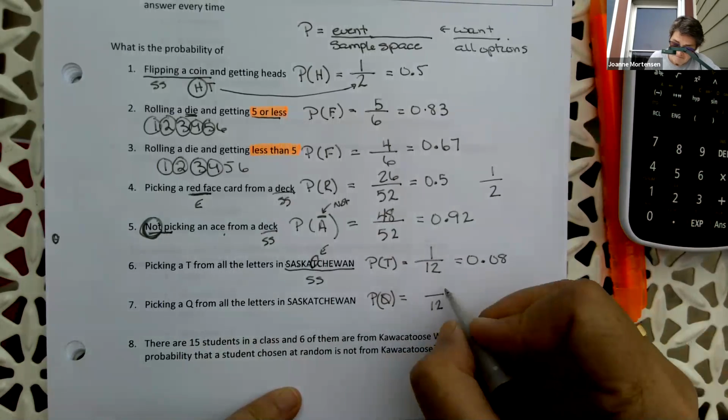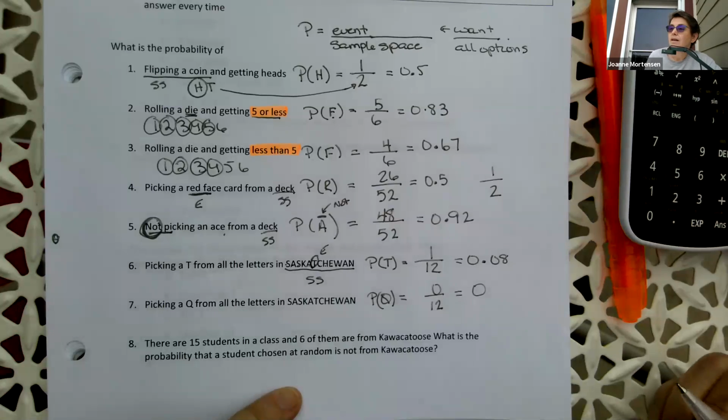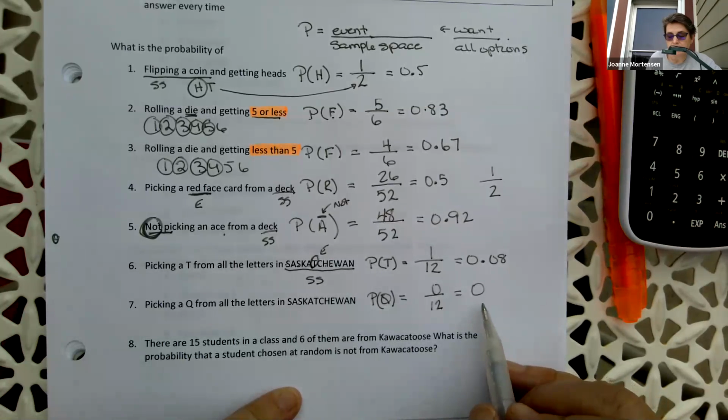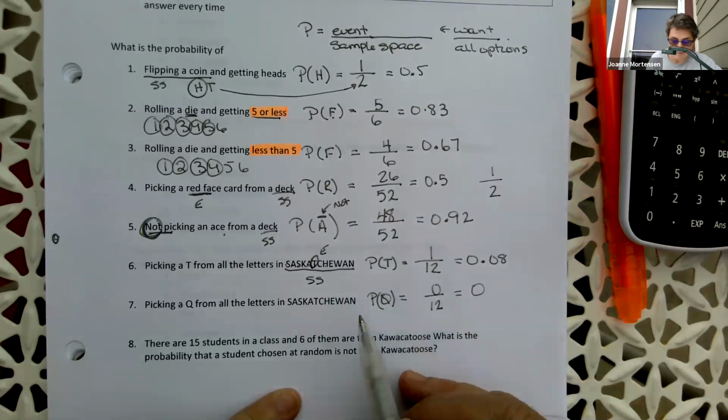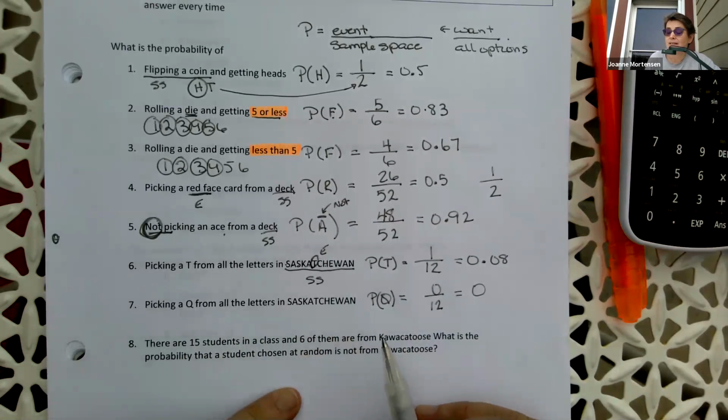So there are 0. Probability runs from 0 to 1, so here's an example where it's 0. The probability of picking a Q out of that is 0. It's not going to happen.